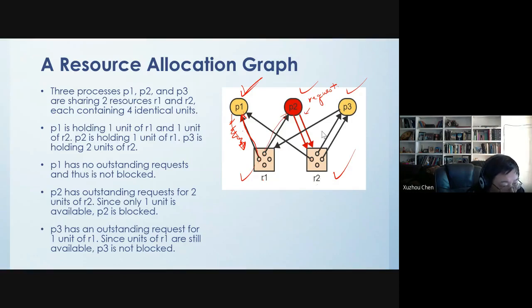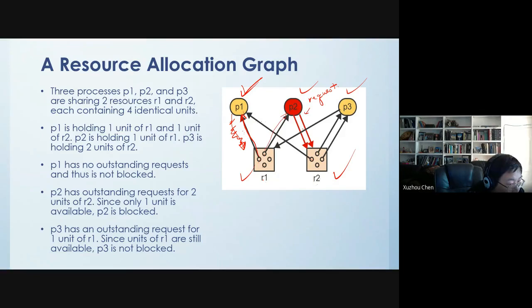Hopefully, P2 is not going to be blocked for long. Why? Because P1 gets all the resources it needs, and sooner or later P1 is going to complete its job and release one unit of resource 1 and one unit of resource 2. Then P2 can get these 2 units.